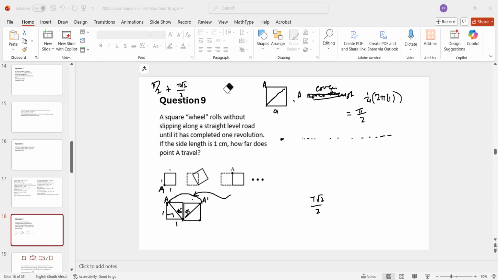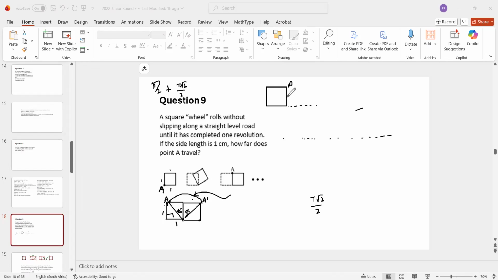Now, this is where we are. At this stage, A has come here. So we moved from this point to that point, and that point to this point. Now, I'm still rotating this thing.